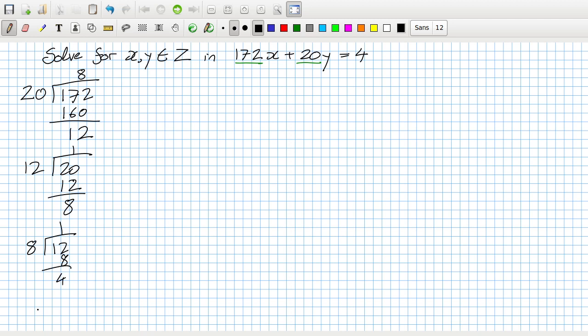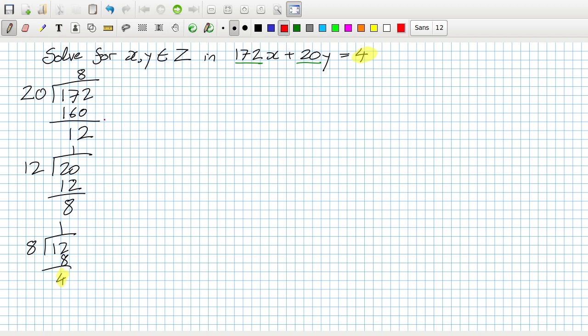Remainder 4. And then 4 into 8 goes twice, remainder 0. Don't care about that one. So the greatest common divisor is the last remainder that wasn't 0, which is 4, which is perfect because that's what we have here. And so we can definitely solve this equation using a Euclid method here.